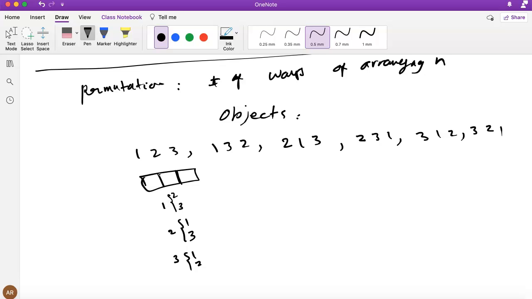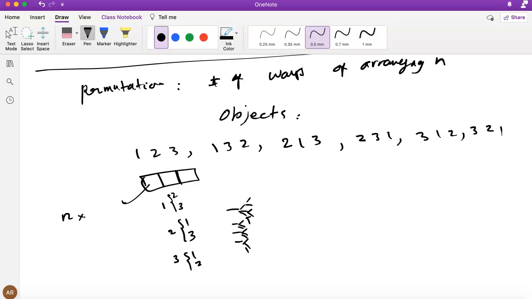So one way to count all of these is a branching structure. You have a certain number of branches, and then they all branch off further. Here I have n choices for the first one. In this case n is equal to 3, so I have 3 choices.